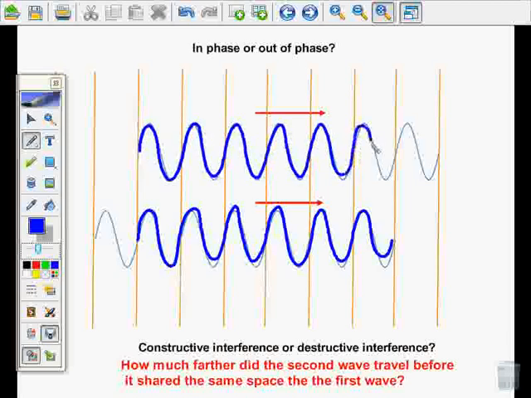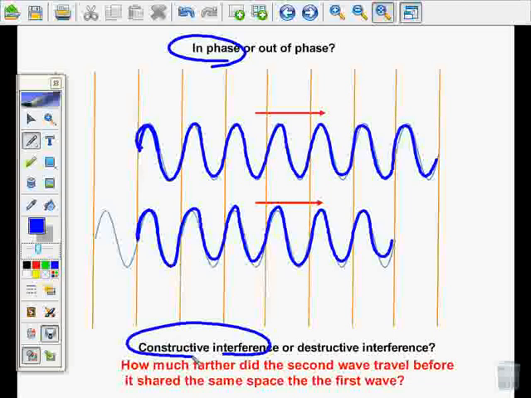Are those waves in phase or out of phase? Say it loud, say it proud. Rajiv. They're in phase because the crest lines up with the crest. Will we have constructive or destructive interference? Constructive interference. How much farther did that lower wave have to travel before it started interfering with the upper one?